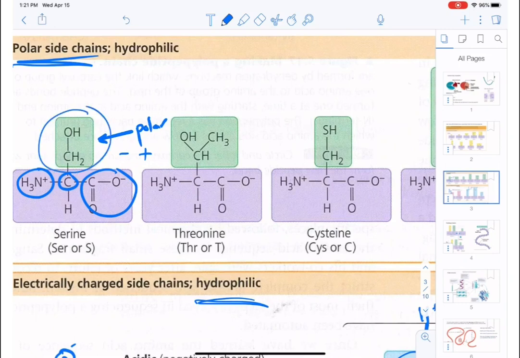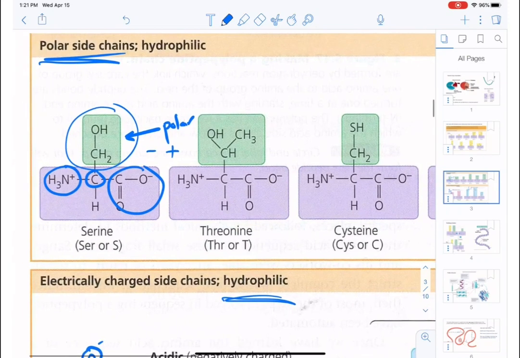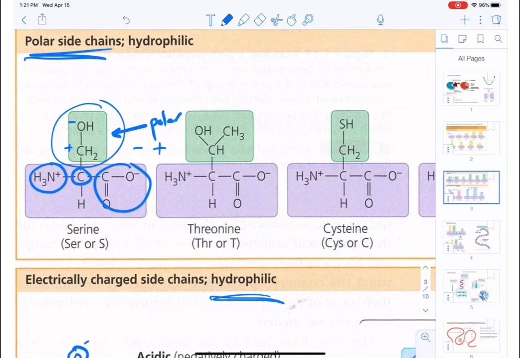It's electrically neutral, but what polar means is that one side of the side chain tends to have a positive charge and the other end tends to have a negative charge. And I'm not sure which one is which here, but I'm going to take a guess that the oxygen portion up here has a partial negative charge and the CH2 has a partial positive charge associated with it.